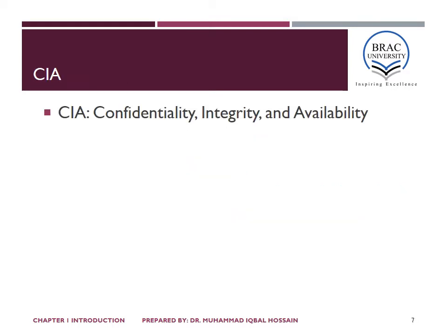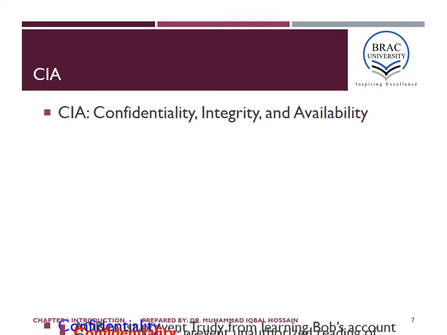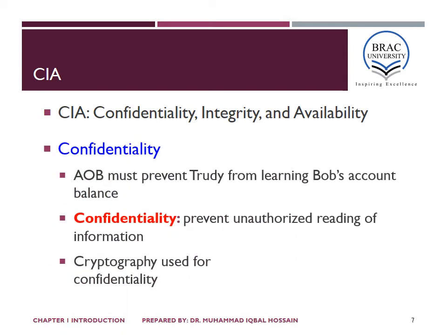So CIA is three aspects of information security, based on which the security information policies are generated. Let's see what CIA means. CIA means confidentiality, integrity and availability. Take a look at confidentiality first.